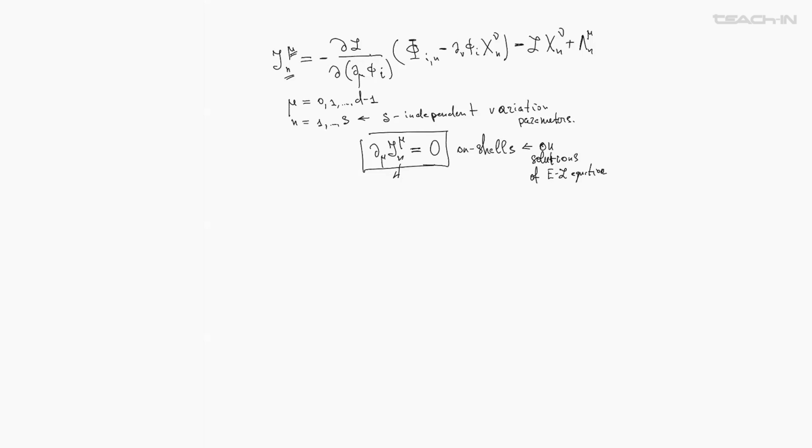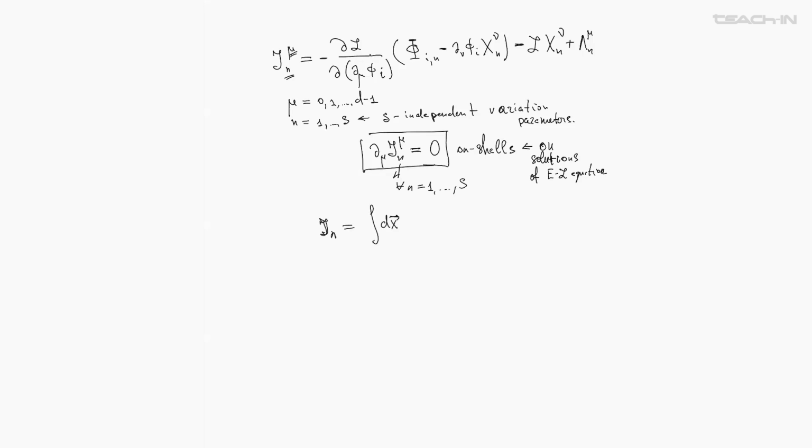These local conservation laws can be used to define the integral invariance. We have to assume that all fields vanish at spatial infinity, and then define the following integral, which I denote Q_n: the integral over the whole space of the zero component of the current.